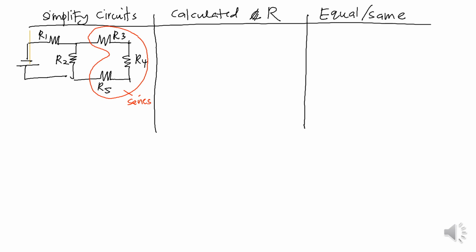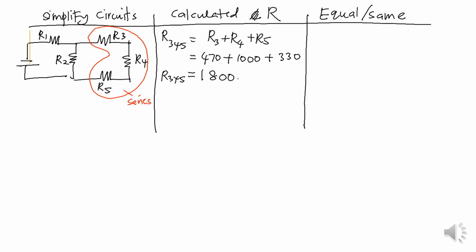So bila disambung secara series, so kita carilah R345 is equal to R3 plus R4 plus R5. Okay, so diberi R3 is 470, R4 is 1000 plus R5 is 330. So akan dapat R345 is equal to 1800 ohm.